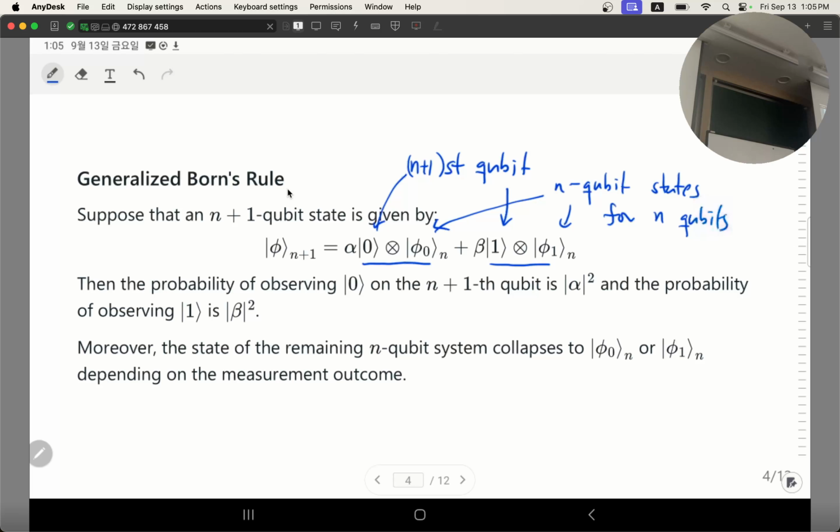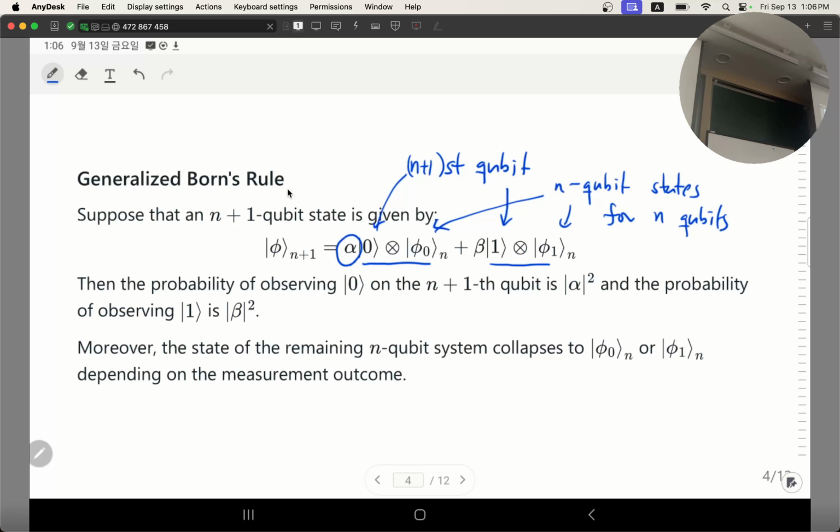The labels start from 0 to n, and the first n, from 0 to n minus 1, give you the state of phi 0 and phi 1. But the last one, the n plus first qubit, labeled by n, is now either 0 or 1. So when you take a measurement on qubit n, which is the n plus first qubit, and it turns out to be 0, then you have a probability of absolute value of alpha squared.